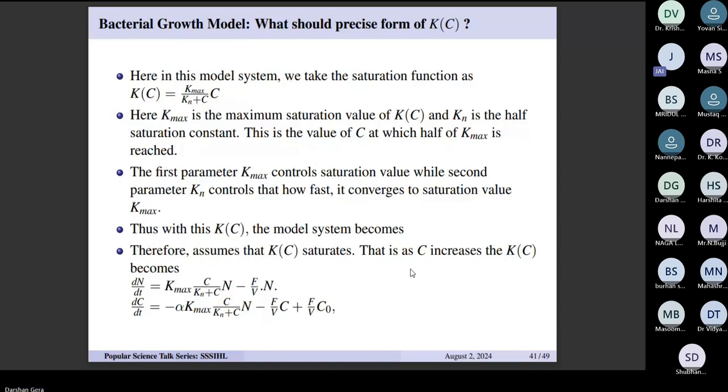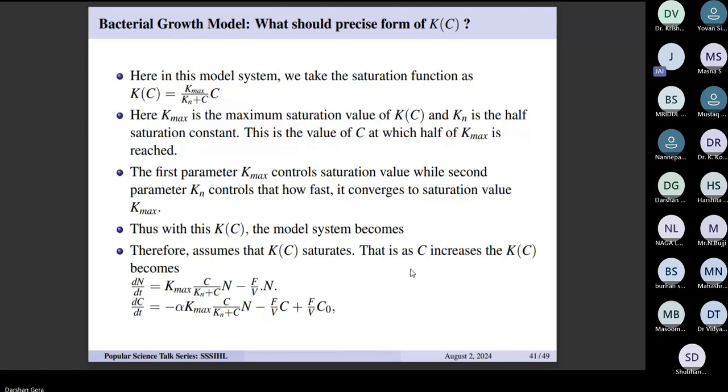But when you have Kn in the place of 1, then Kn becomes the half saturation constant. That means at C equal to Kn, half of K max saturation is obtained. So what does this Kn tell you? It tells you how fast Kc is saturating. And this K max gives you the maximum saturation level.